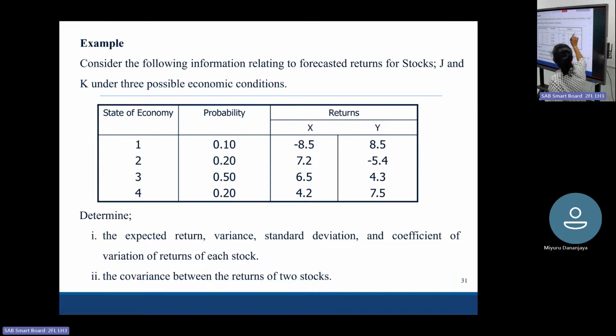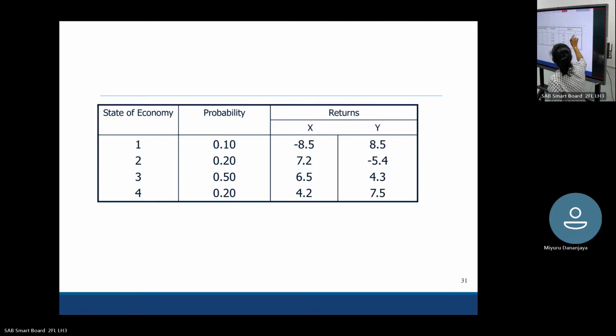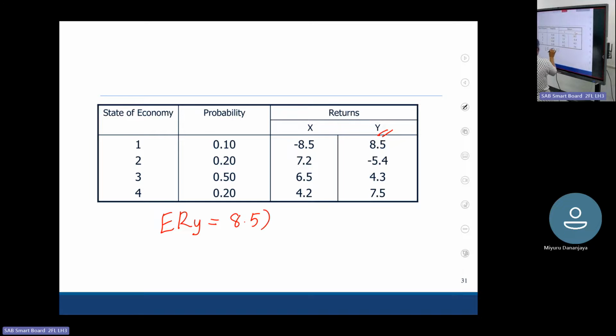Similarly, you can calculate the expected return for Y. Expected return for Y is equal to: in the state of economy 1, forecasted return is 8.5, probability of occurring that state of economy 0.1.